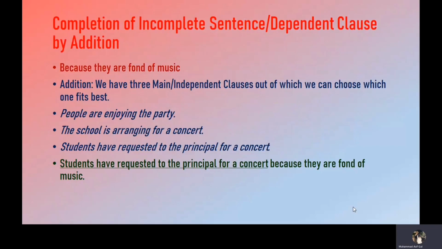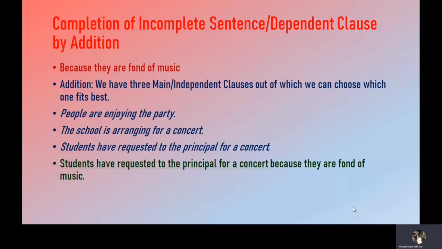Right? And then we have another main clause. The school is arranging a concert because they are fond of music. We can say like this. And students have requested the principal for a concert because they are fond of music. Because they means the students, right?